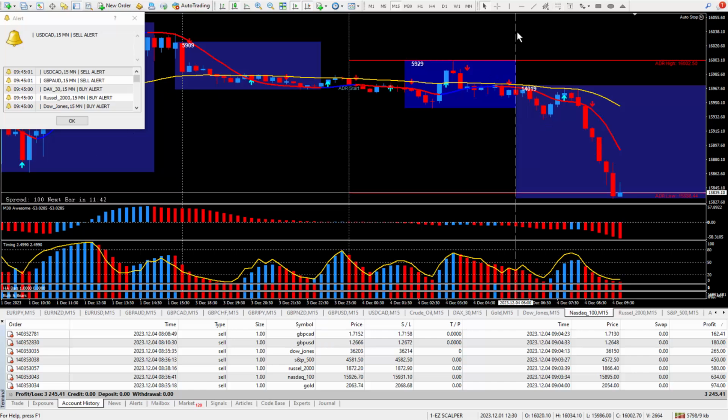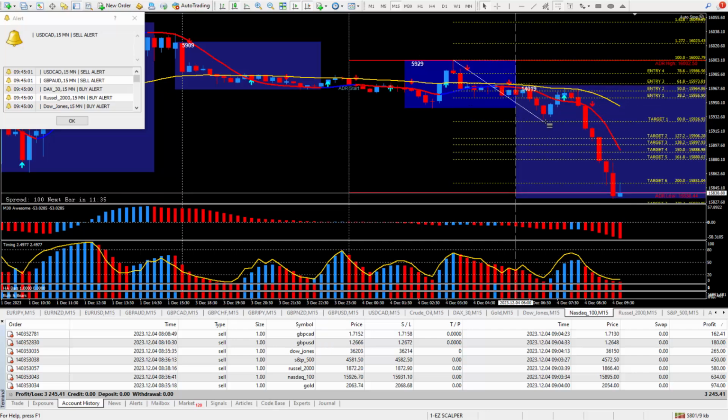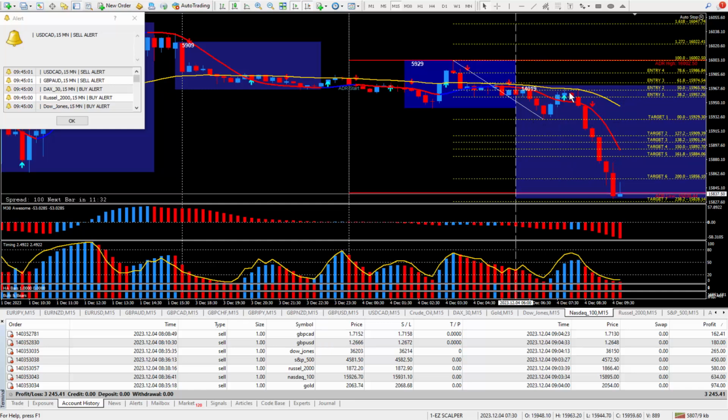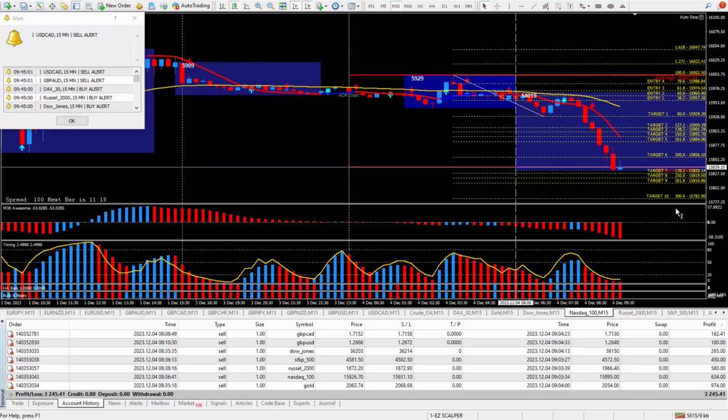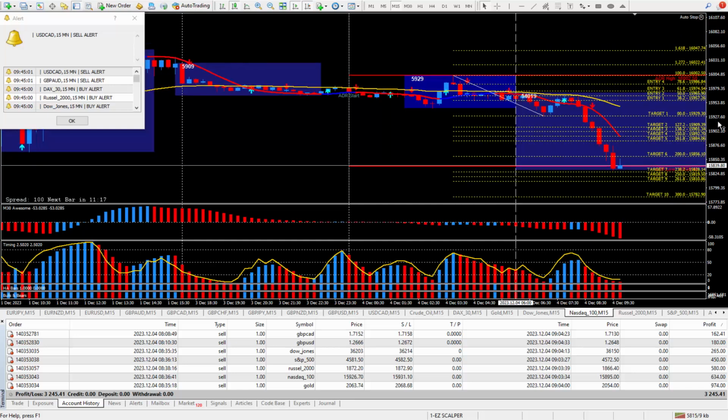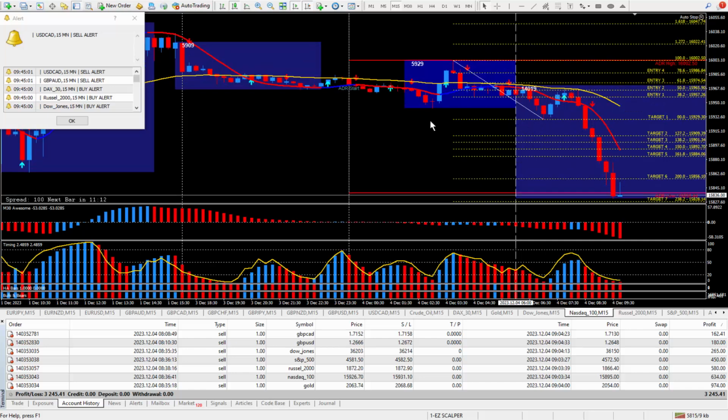And then there's your pullback retracement, actually the 50% right here. And then of course you have all your different targets, 1, 2, 3, 4, 5. It goes all the way up to 10 targets, all the way down to there. Of course this is available, and if you want to see more of this, just get in contact with me.